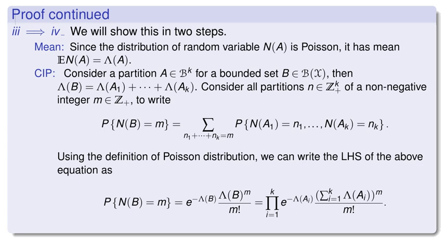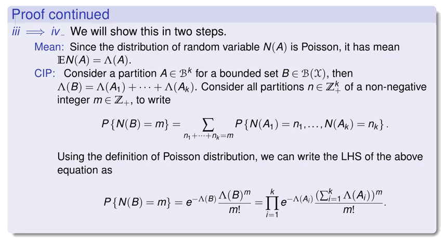Using the definition of the Poisson distribution from statement 3, since N of B is Poisson with parameter lambda of B, we can write the left hand side of this equation as the probability that N of B equals m is e to the power minus lambda of B times lambda of B raised to m divided by m factorial.